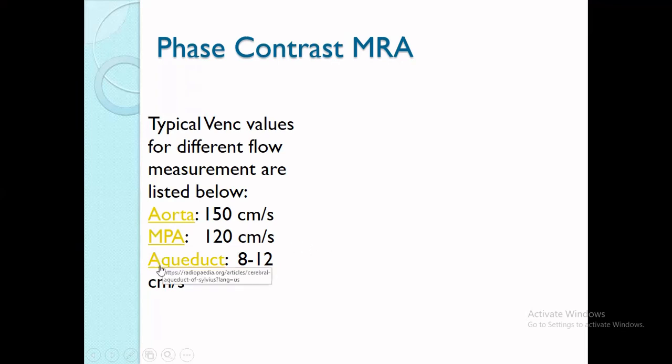Now, looking at the aqueduct, I know you are well aware of the anatomy of the aqueduct. The aqueduct is between the third ventricle and the fourth ventricle within the brain, because the CSF flow happens there.